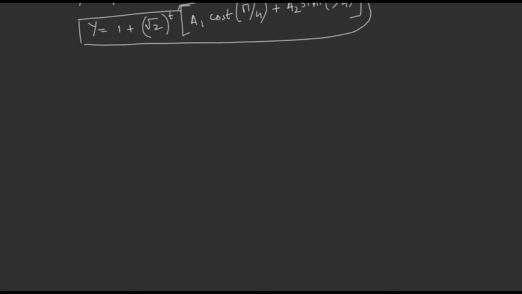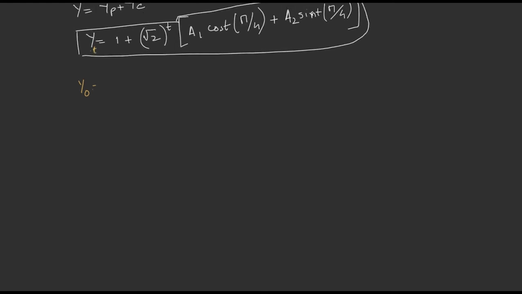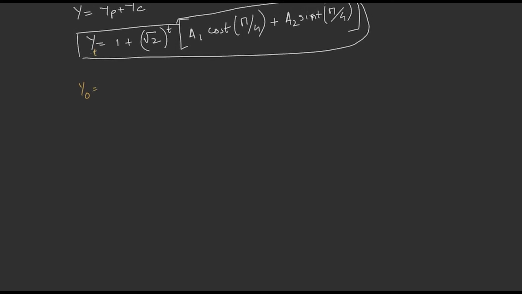Now let us put y0, actually there is a t here. Therefore we are putting t equals 0, so the value of t will become 0. So 1 plus, you can write it y or yt or whatever, but generally it is given as y or yt.